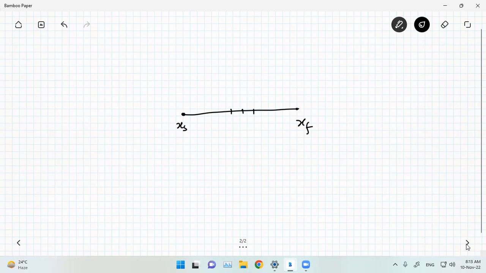This is exactly at the middle. The distance between the interval is known as L0, so this is exactly L0 by 2 on each side. Then a small value is assumed, del by 2.